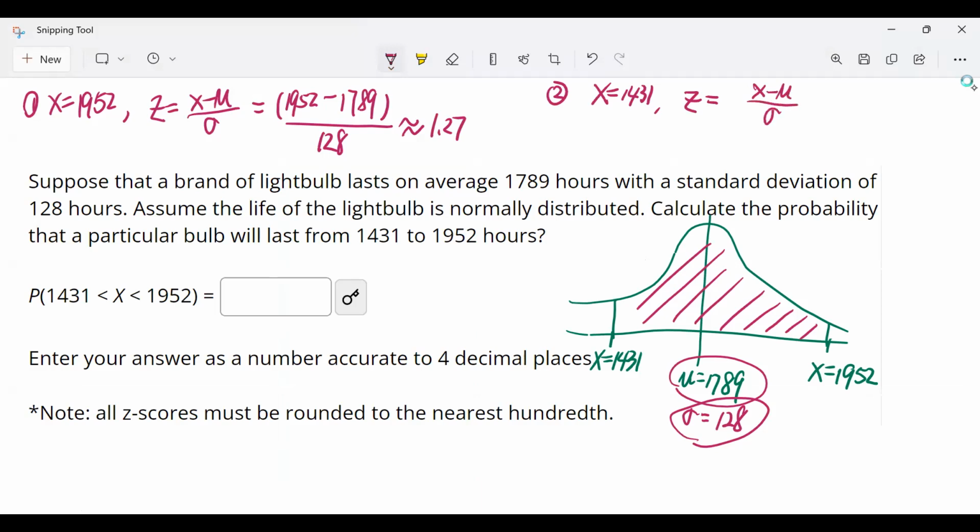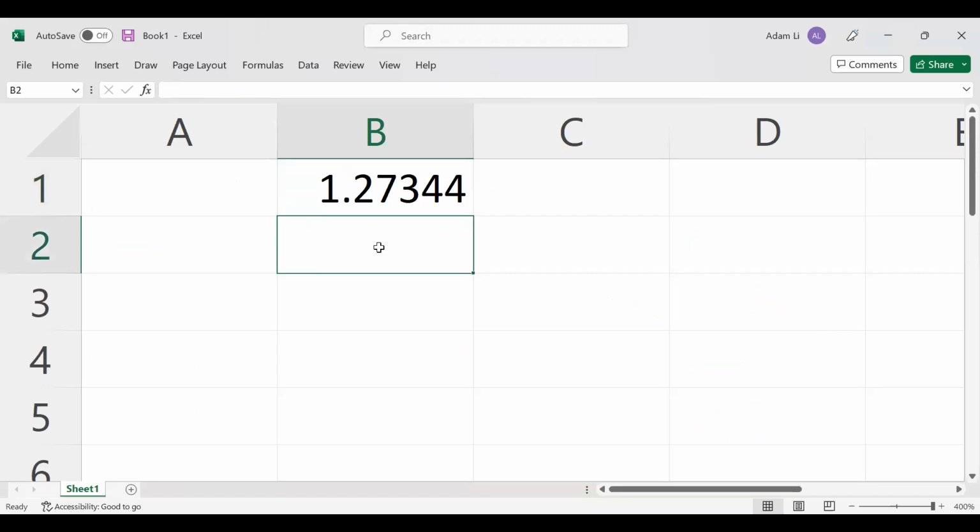Similarly, 1431 minus 1789, close parentheses, divided by 128.